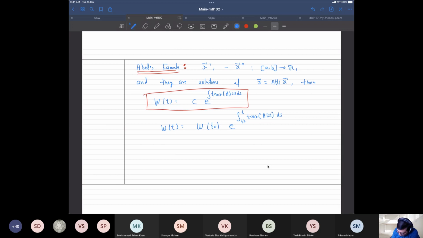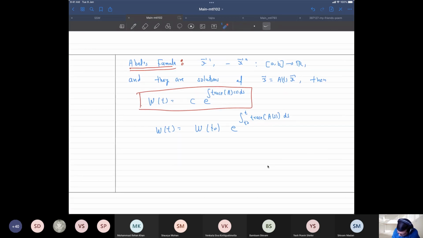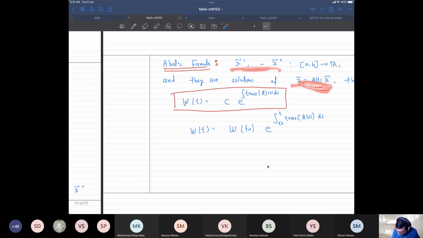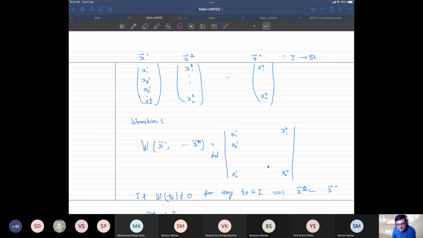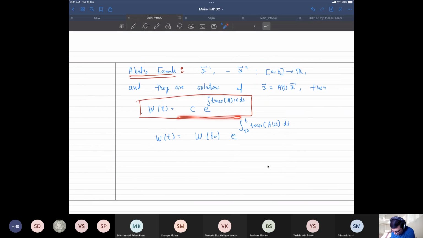Okay, so the fundamental fact is that if W(t naught) happens to be 0, then this value will always be 0, and this will always be non-zero if this value is non-zero. This happens only if these are solutions. If these are not solutions, then it can happen that it is 0 at some point and not 0 at some other point. But if they are solutions, the Wronskian will be 0 everywhere or nowhere will it be 0. This is what Abel's theorem says.